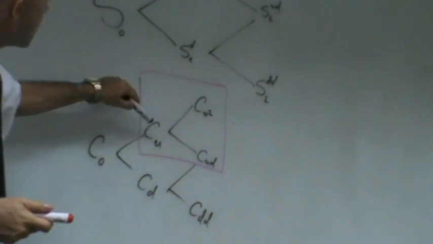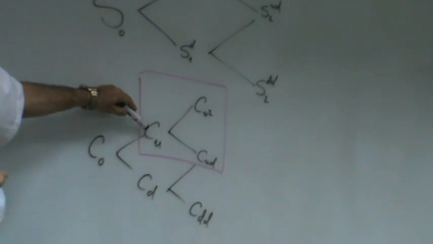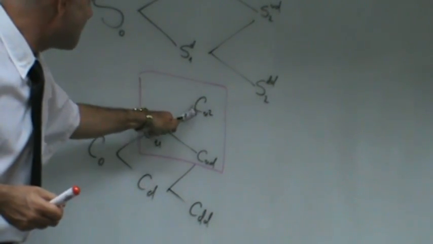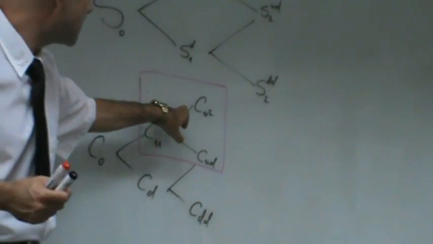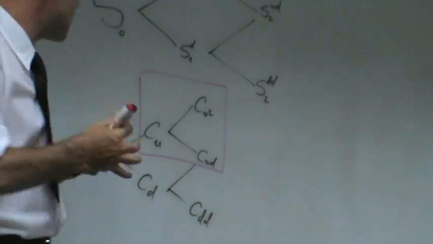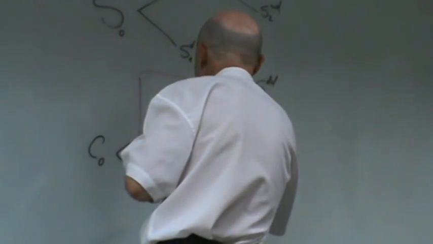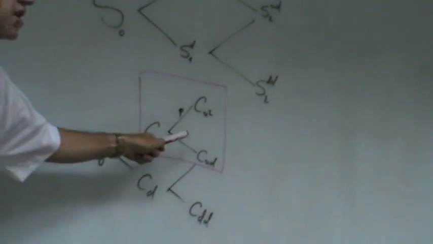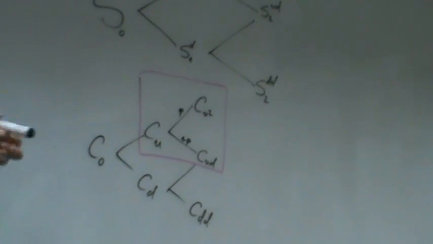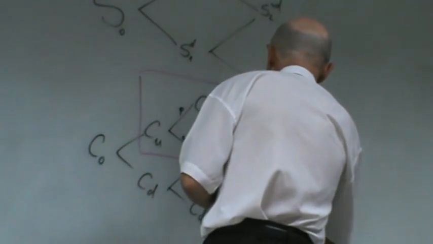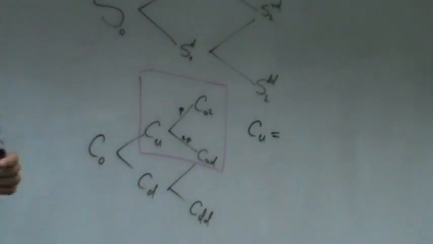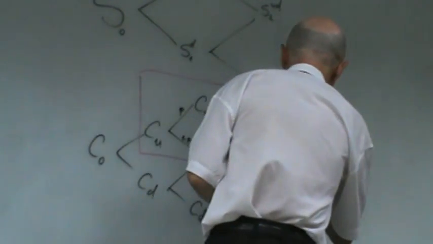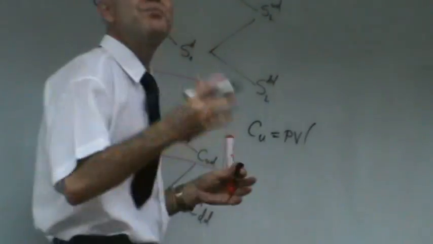Based on these two, you can get the CU. Okay? What's the probability over here? What's the probability over here? P. So I'm going to write here is P. And over here is 1 minus P. Okay? So we got CU equal to present value, right?